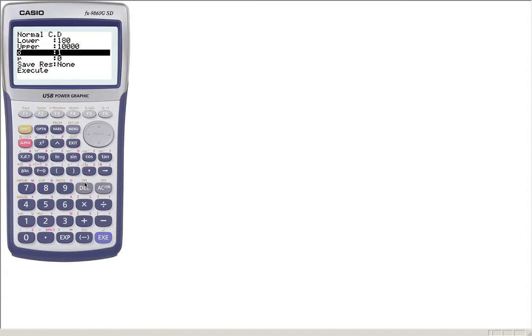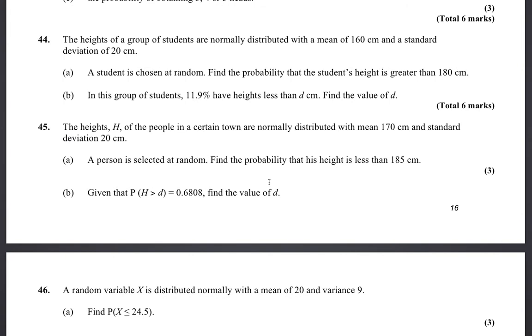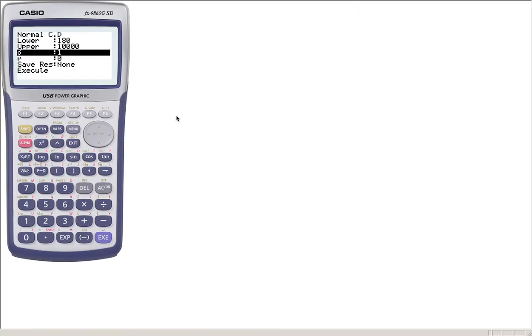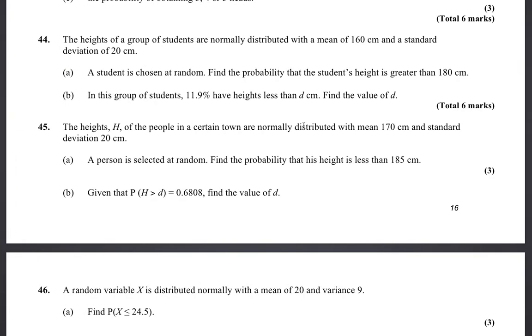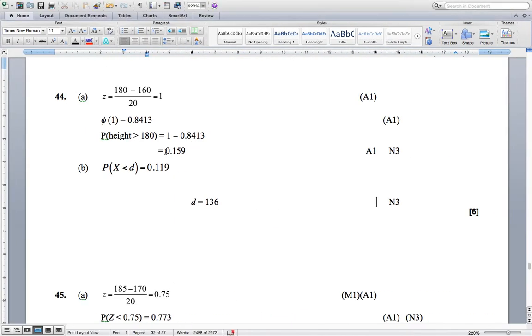Sigma is 20, standard deviation, and mean is 160 centimeter. Okay, so the answer is 0.159. So the required probability is 0.159. So let us check. Yeah, that is correct, 0.159.